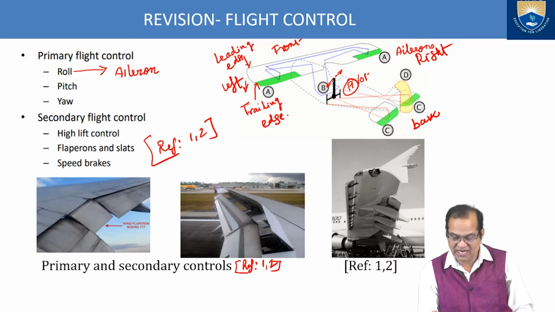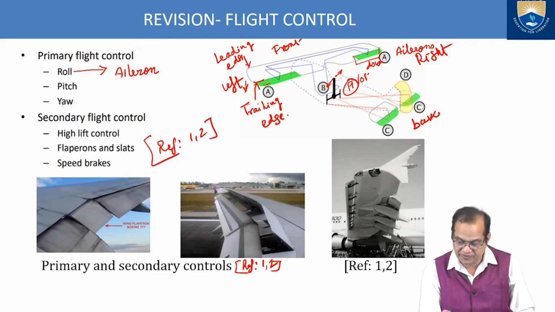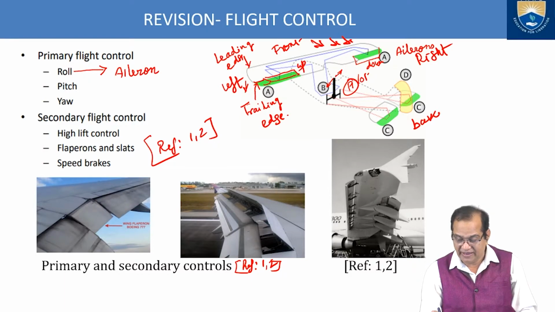If the lever is moved towards the left, the right aileron will go down, as I am showing here, and the left aileron will go up. The flow is coming from this direction, and the angle of attack due to this aileron is increased here.